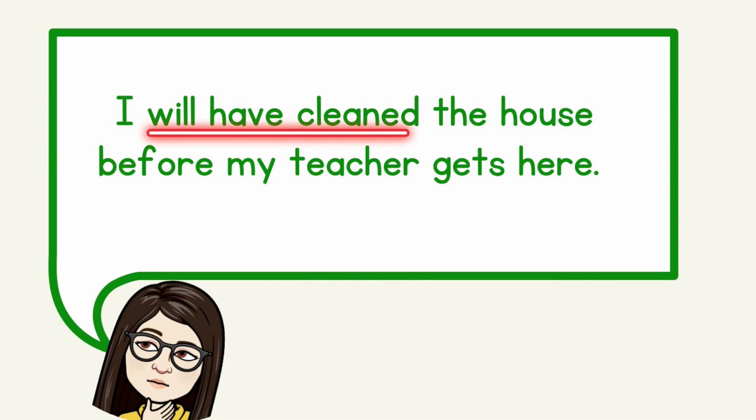It tells us that the person is going to clean his room sometime now, but before a certain point in the future, before his teacher arrives. Understood? That is why we've used the will have cleaned, because the sentence is talking about an action that will still be completed sometime in the future.